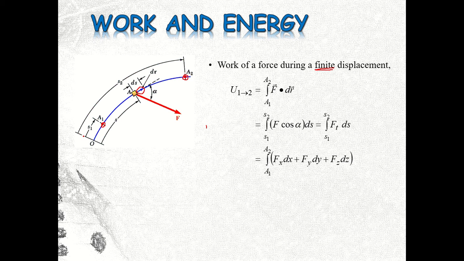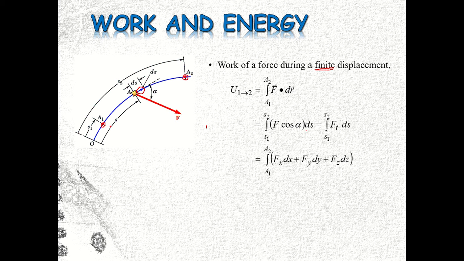This is also equivalent, using the other formula shown a while ago, in terms of the angle alpha. So in terms of the angle alpha, we can have this work done from A1 to A2, U 1 to 2, equal to the integral of F times cosine alpha multiplied by ds.